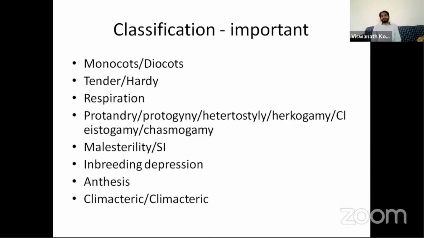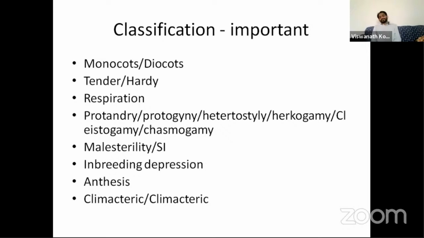Protandry: Umbelliferae family, onion and carrot have protandry. Protogyny: cole crops, elephant foot yam, tapioca have protogyny. Hydrostatin, brinjal; cleistogamy, lima bean, pea and French bean; chasmogamy, tomato and capsicum.